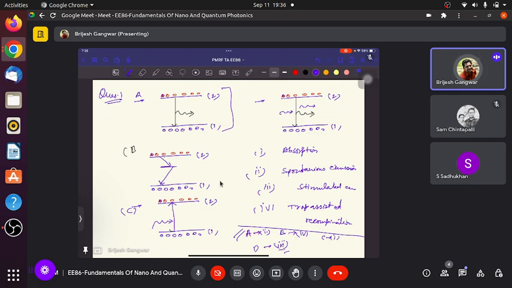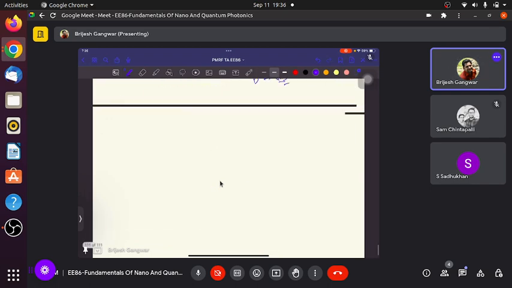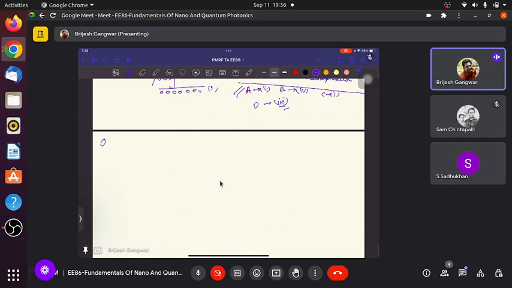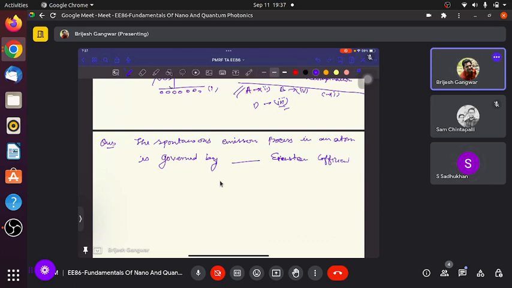Similarly, the spontaneous emission process in an atom. This was the first question. Question 2 is: the spontaneous emission process in an atom is governed by which Einstein coefficient?